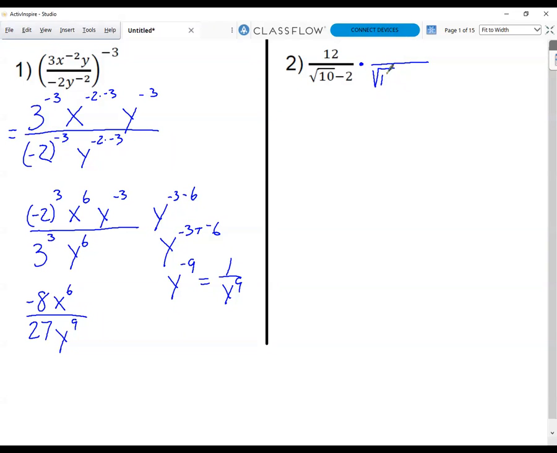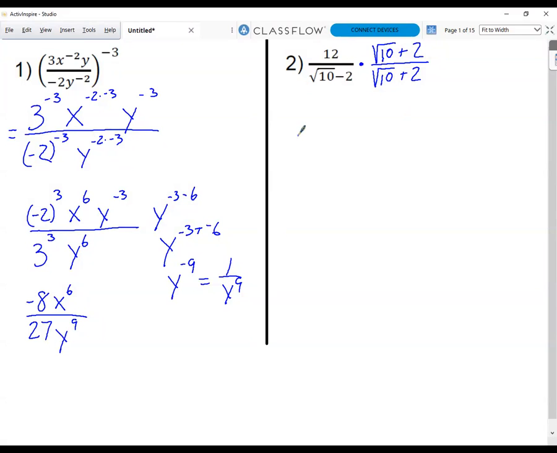It's going to be root 10 plus 2 over root 10 plus 2. You have to keep, remember, you're going to swap the sign, and you're going to multiply by root 10 plus 2 over root 10 plus 2, because it's a unit of 1, so we're not changing the value.